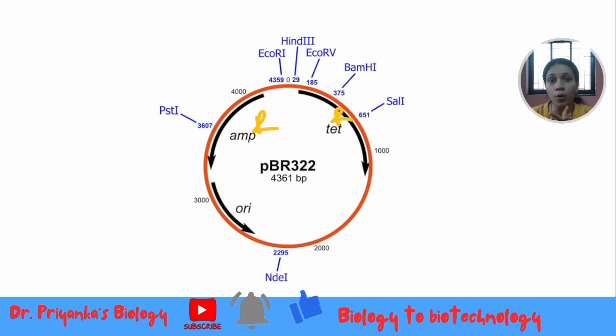Now the next problem is the selection of the recombinants and non-recombinants, because transformants can be both: those carrying the recombinant DNA as well as the non-recombinant DNA. So the main question is the selection of your recombinants.